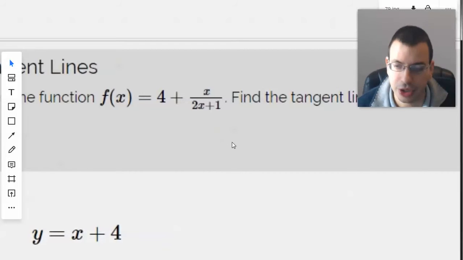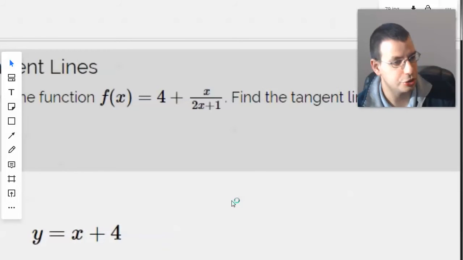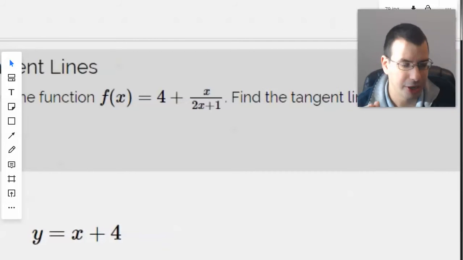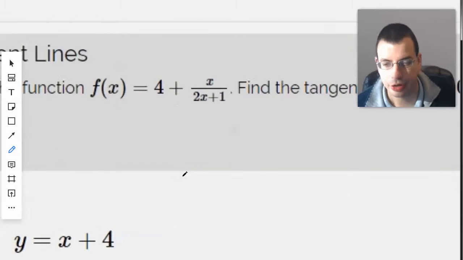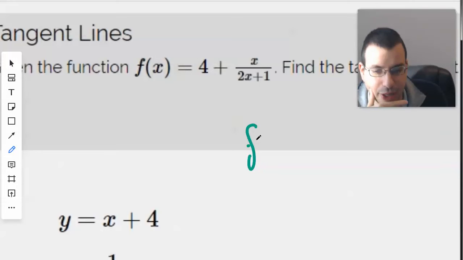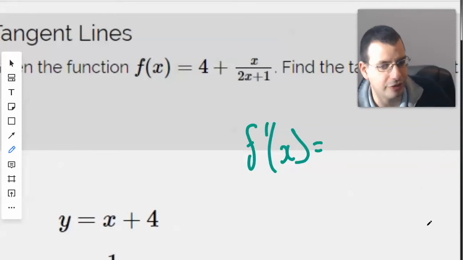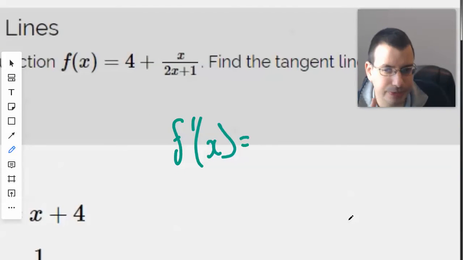So what we're going to do here then is we're just going to do the whole (uv)' equals u'v plus uv'. So, right down here, f prime of x equals, and then the derivative of 4 is 0, because it's just a constant.